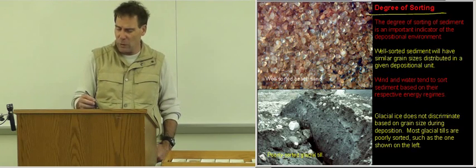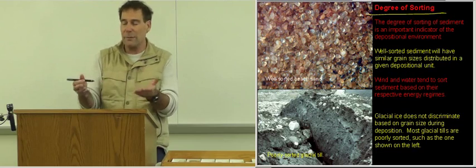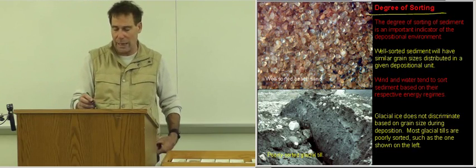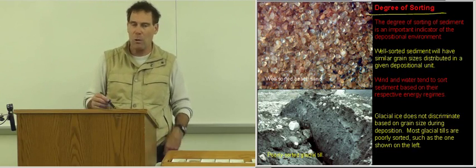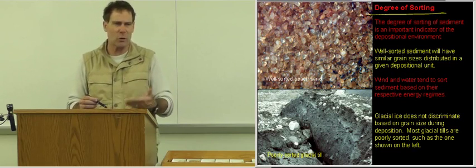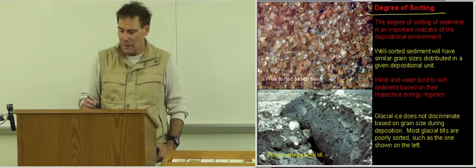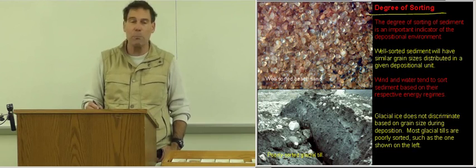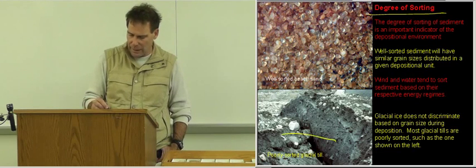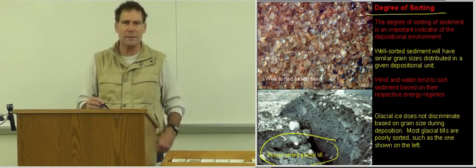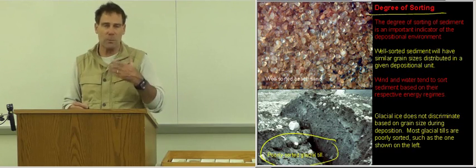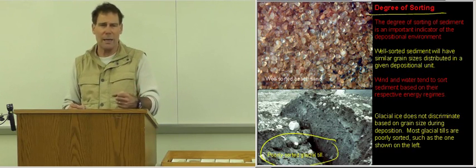Now, we refer to sediment that is of the same grain size as being well sorted, as this well sorted beach sand, well sorted river sands, well sorted dune sands from wind. On the other hand, we can look at poorly sorted sediment. Glacial ice very commonly will deposit sediment indiscriminately.